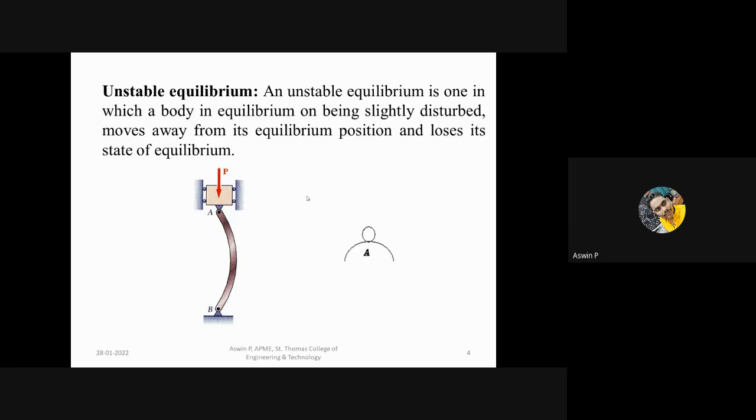And the third one is unstable equilibrium. When a body in equilibrium is slightly disturbed, it will undergo another motion or lose its state of equilibrium.